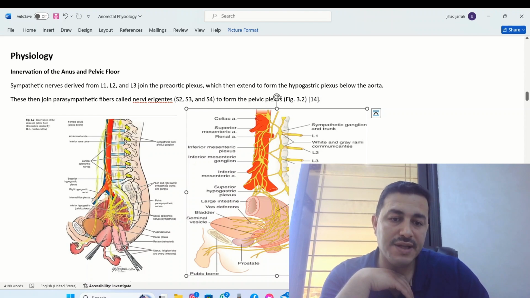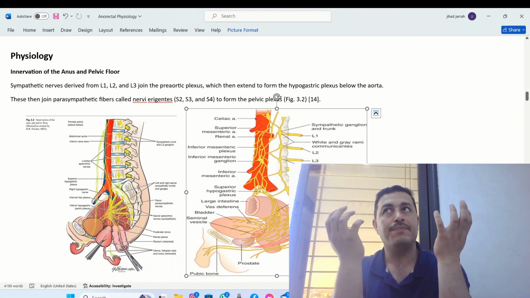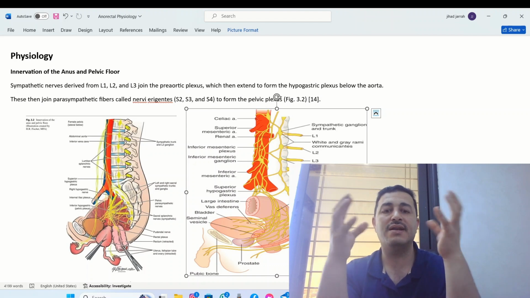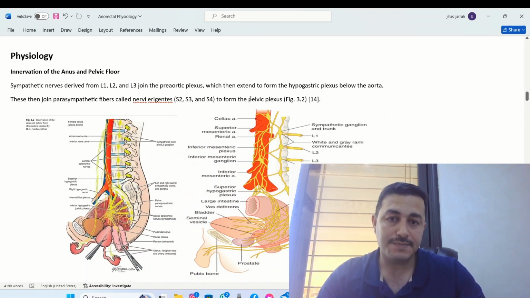These are the parasympathetic innervation to the rectum and the proximal anal canal. The parasympathetic and sympathetic innervation to the rectum and the proximal anal canal join together to form the pelvic plexuses.